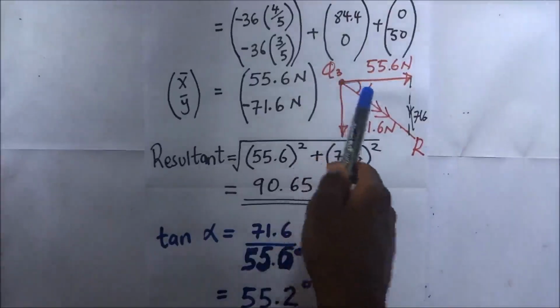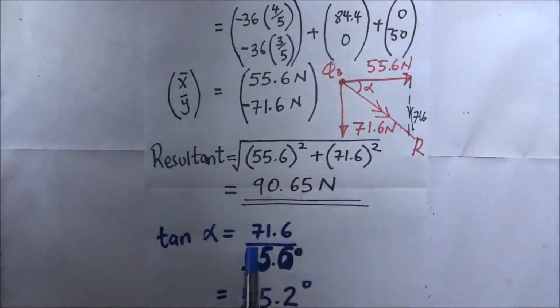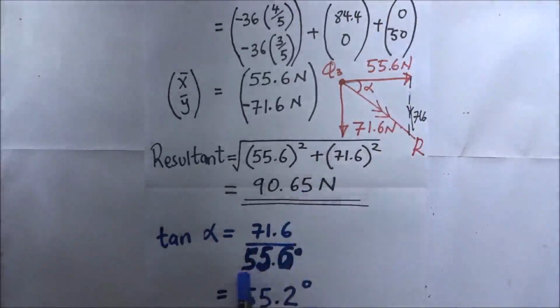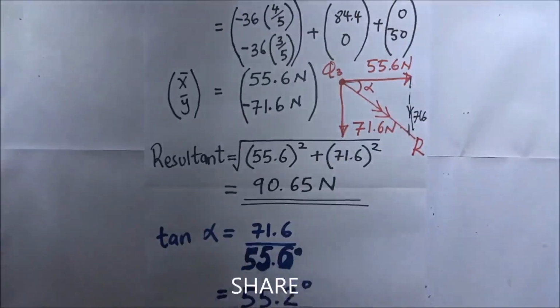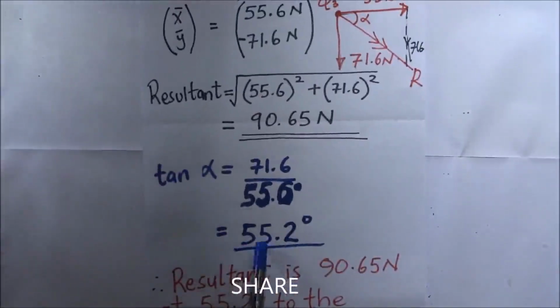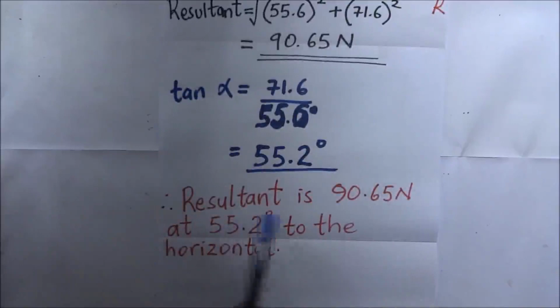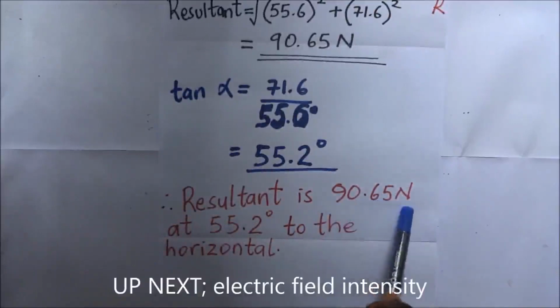The opposite of this angle is 71.6, divided by the adjacent, which is 55.6. So we shall end up with our alpha as 55.2 degrees. So we shall conclude by saying that the resultant is 90.65 newtons at 55.2 degrees to the horizontal.